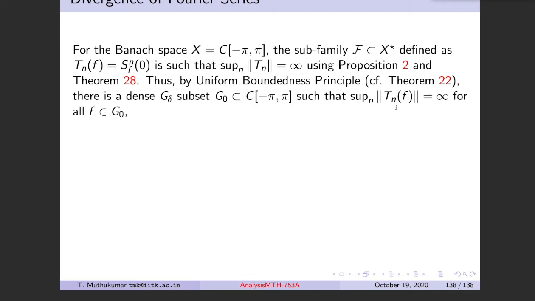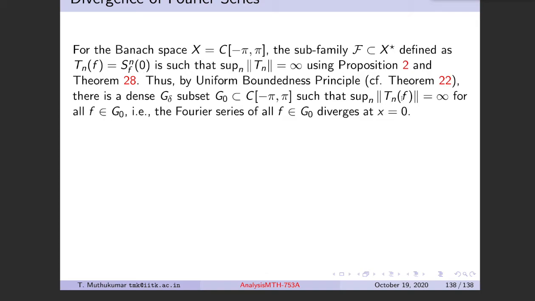TNF, supremum over n, TNF is infinity, which basically means that for all f in G0, the Fourier series diverges at x equal to 0, right? Because TNF by definition is the nth partial sum of f evaluated at 0.